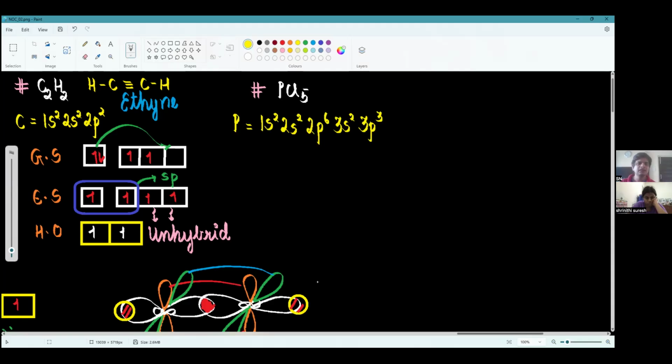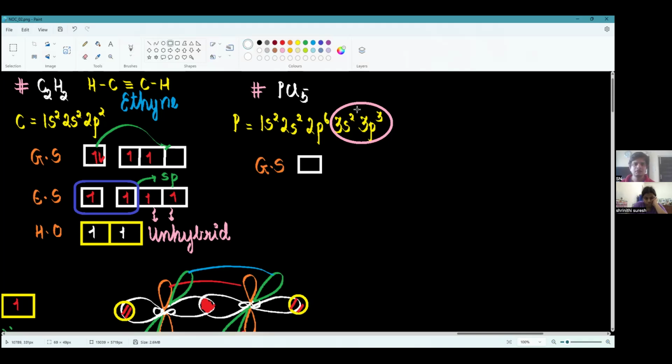If you carefully check, this will be our valence shell: 3s2, 3p3. Okay, so let's draw the ground state. The ground state will be 3s2 like this, and then 3p3, something like this.